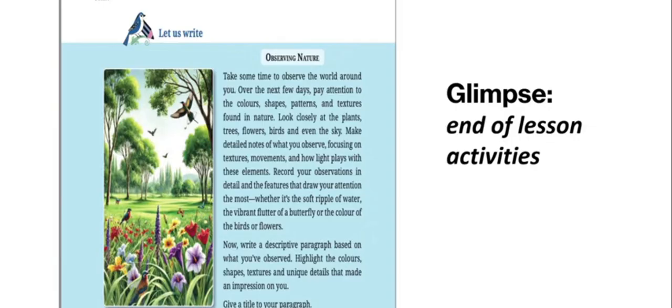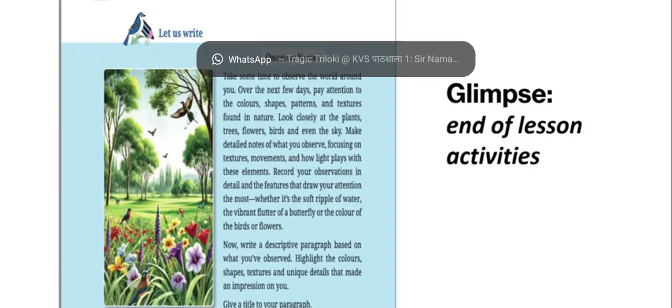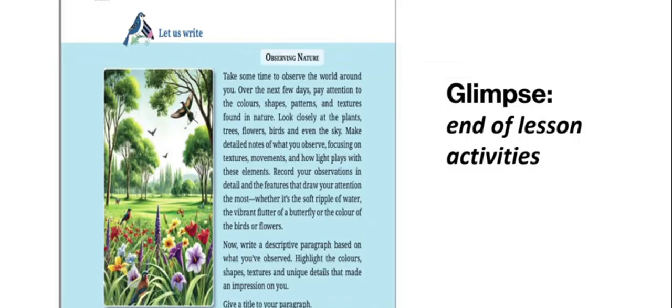They can write about friends. What are they observing? Are they observing the colors in nature? Are they observing something unusual? So they will make notes. That is how writing begins. Writing doesn't start on the very first day. You have to have something beforehand. So a lot of scaffolding, and after that they will write the paragraph to describe it.